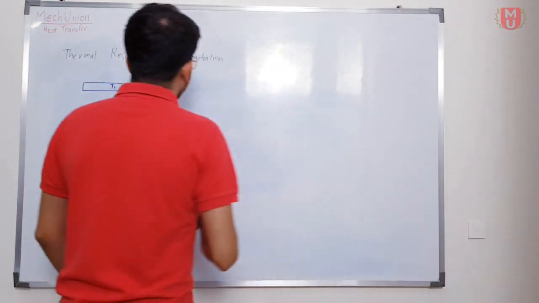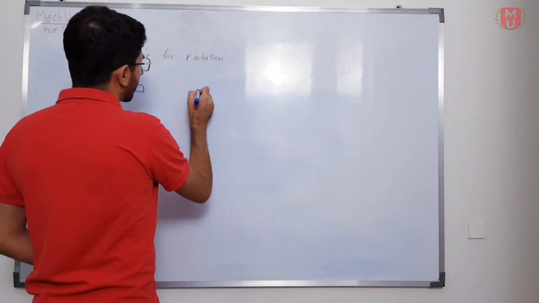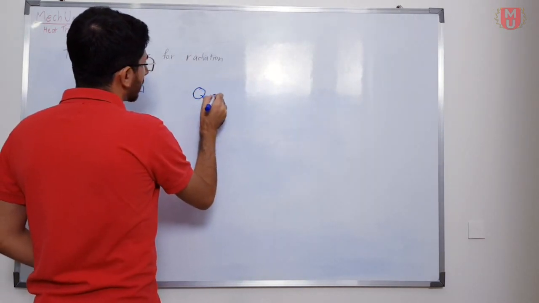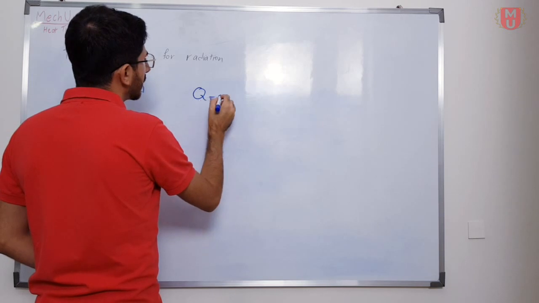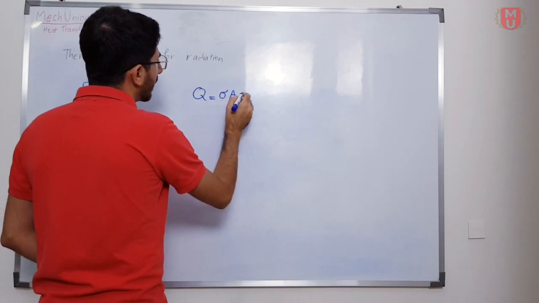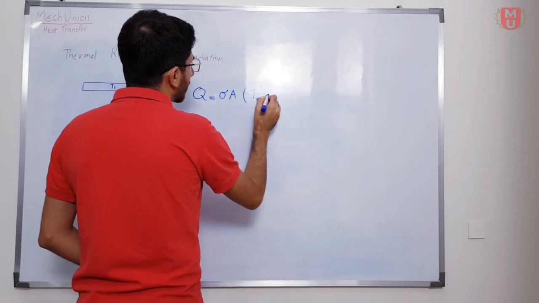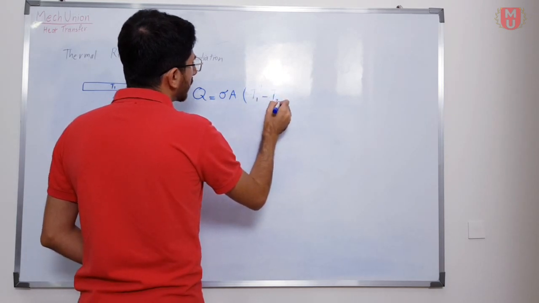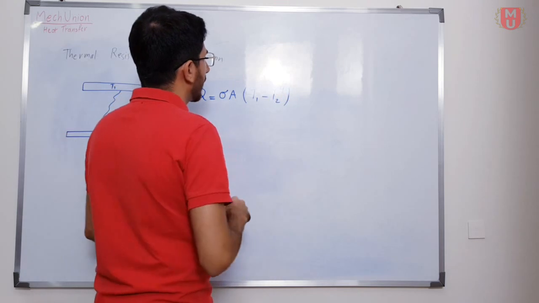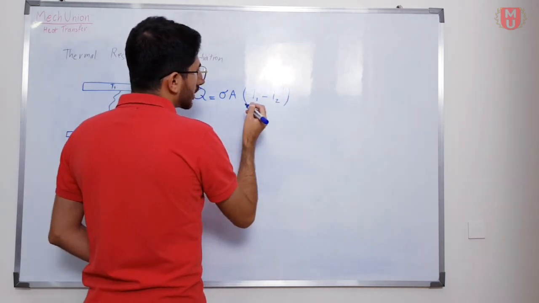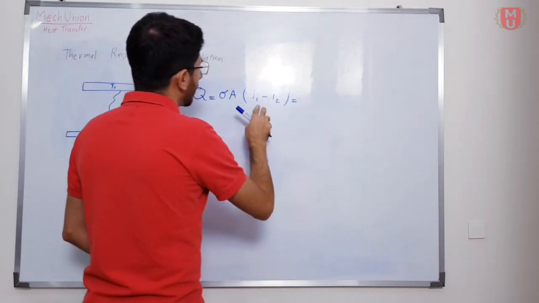For the fifth one, we have thermal resistance for radiation between two solid objects. By using Stefan-Boltzmann law, we have Q equals sigma A times T1 to the power of 4 minus T2 to the power of 4. By using simple math, we open it up.